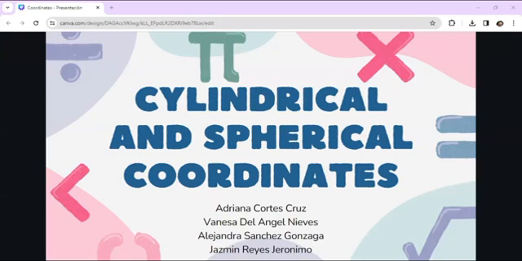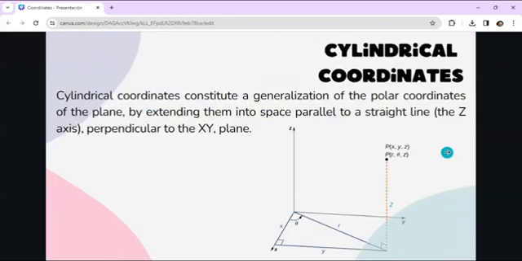We start by explaining a little about cylindrical coordinates. Cylindrical coordinates constitute a generalization of the polar coordinates of the plane by extending them into space parallel to a straight line.